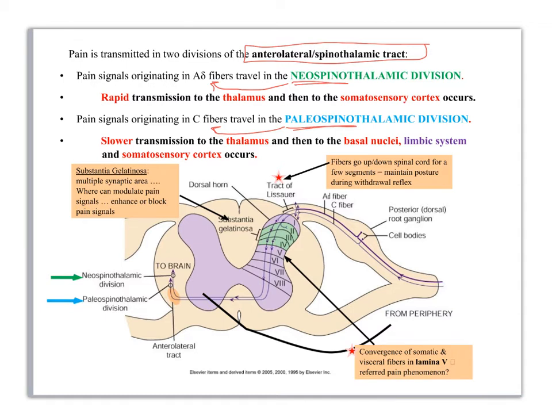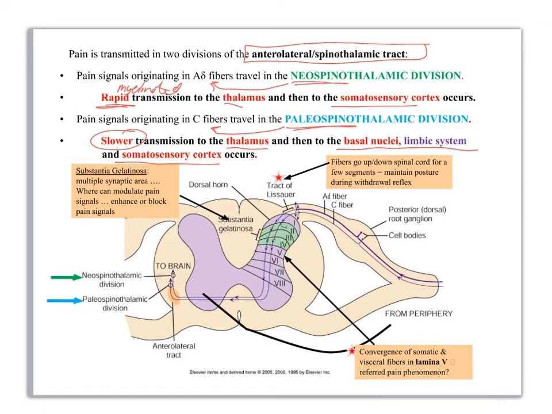What's interesting is that along the paleospinal tract, the transmissions are slower as they get up to the thalamus, and then they go up to the basal nuclei, the limbic system, and the somatosensory cortex. The neothalamic is going to have rapid transmissions because these fibers are myelinated, also going to the thalamus and then to the somatosensory tract.